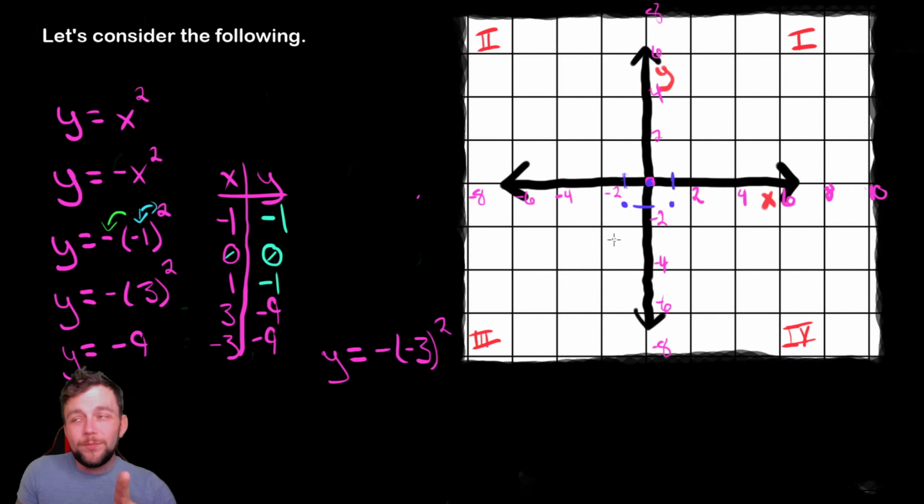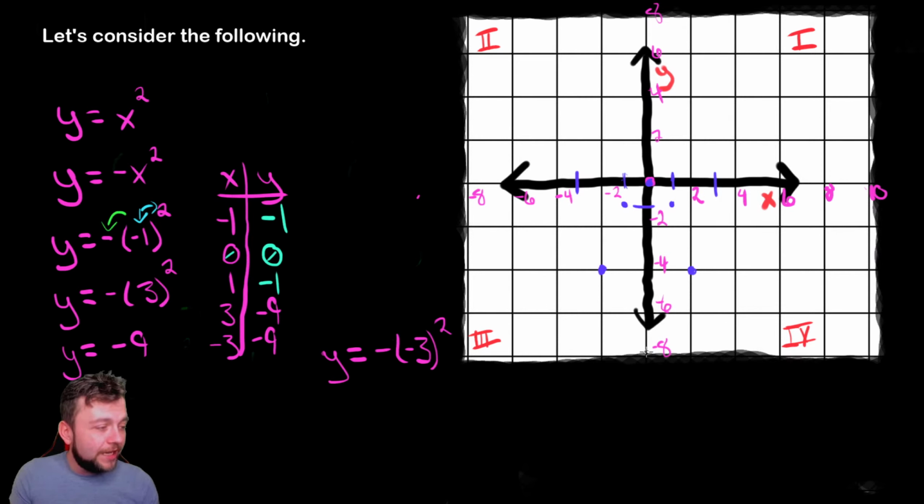Moving on, what do you suppose if we plugged in a -2 and a 2 for this, what would it be? It would be -4 and -4. So if we actually found these ordered pairs, it'd be 2 and -4. And then lastly, our 3, which would be in between our -2 and -4, and then our +3 would be between our 2 and our 4, and that is way down here.